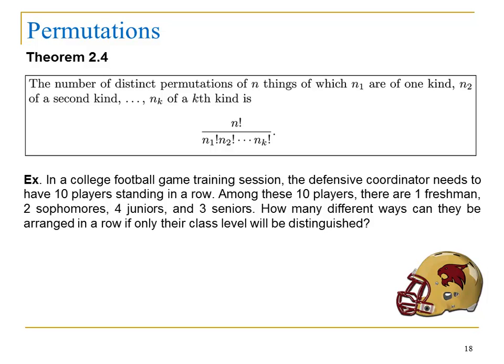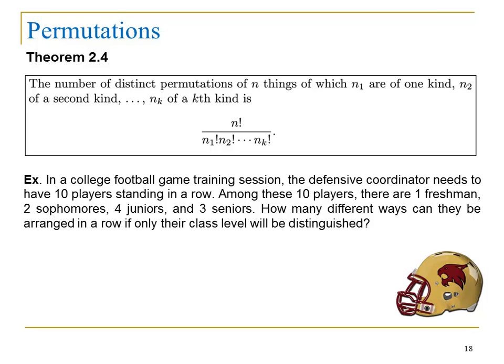Using the college football game, in a training session, the defensive coordinator needs to have 10 players standing in a row. Among these 10 players, there are 1 freshman, 2 sophomores, 4 juniors, and 3 seniors. So again, these are not different types of students, but different classifications of students.